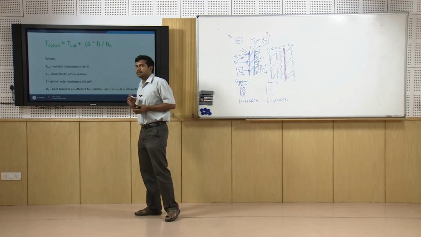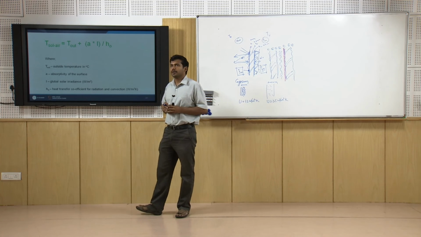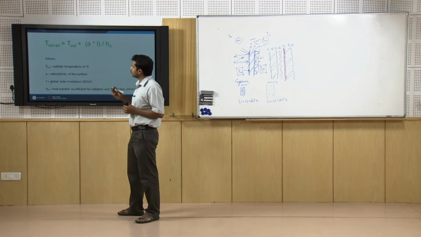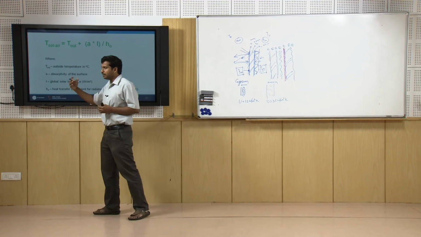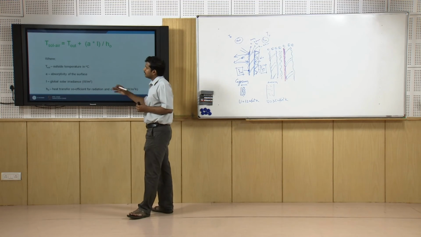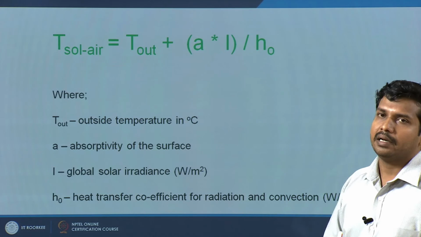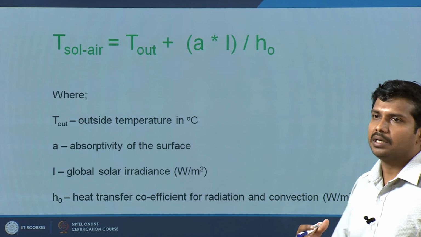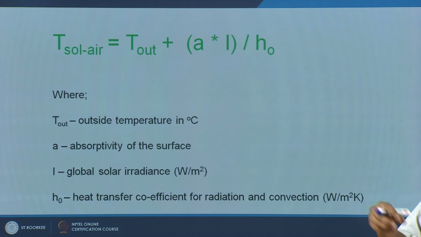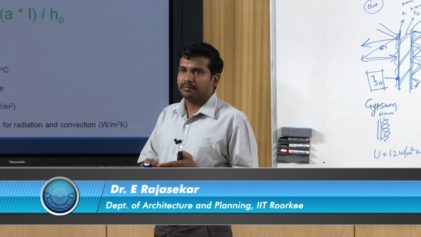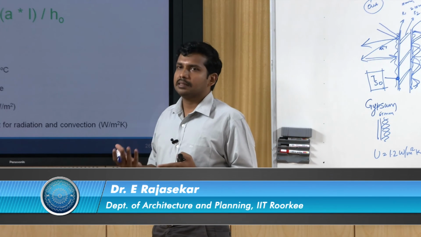The ambient temperature, say in summers in a hot dry climate, may go up to 45 degrees centigrade. But there is a concept called sol air temperature where you have to add the effect of ambient air temperature along with the incident solar radiation which is falling on a surface. Naturally, when the sun falls, the short wave radiation falling on a surface also, through radiative heat gain, increases the surface temperature.